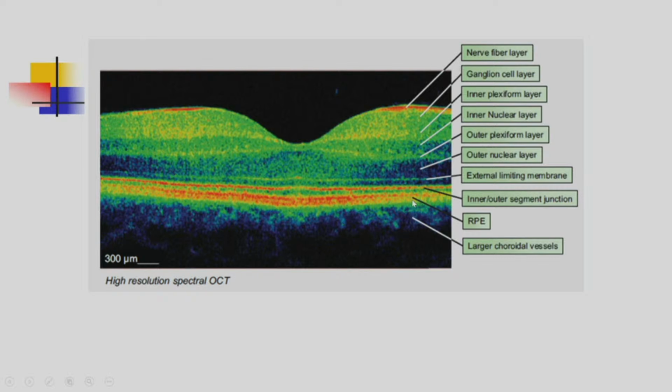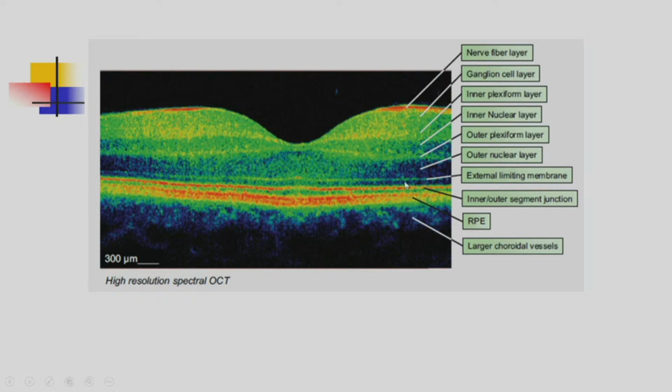We start from the ILM to the RPE, and that's the way I counsel my patients also. This is the line which is most important, the layer of rods and cones, and then you have the external limiting membrane. These three lines you should always remember: the external limiting membrane, then rods and cones, and RPE.